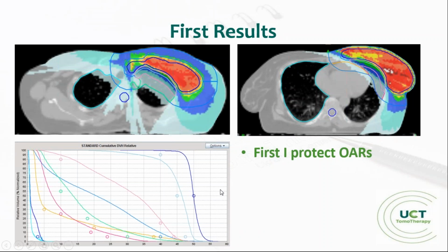When I push from both sides, I create what I want, the steep dose. And only after I create this steep dose, I begin to normalize.